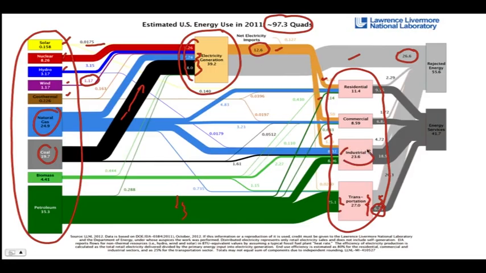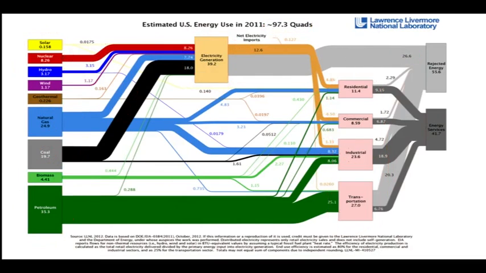The pulp and paper industry utilizes a lot of the waste that comes out of their manufacturing process to produce steam and electricity to help their manufacturing process. So it looks like a complicated chart, but it's got a lot of good information once you get down to looking at the details.